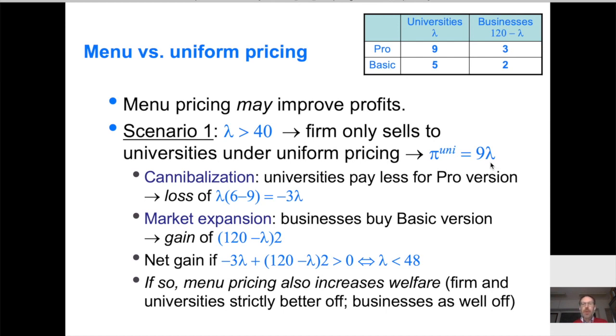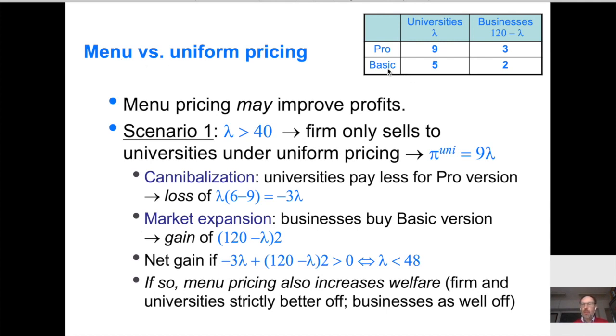Now, if you compare the profit under menu pricing to this profit under uniform pricing, there are two differences. On the one hand, there is what is called cannibalization. This is what we already noticed before. Universities pay less for the pro version under menu pricing than they would under uniform pricing. Okay, and that means a loss of 3 per university. But there is a positive impact if you go from uniform pricing to menu pricing.